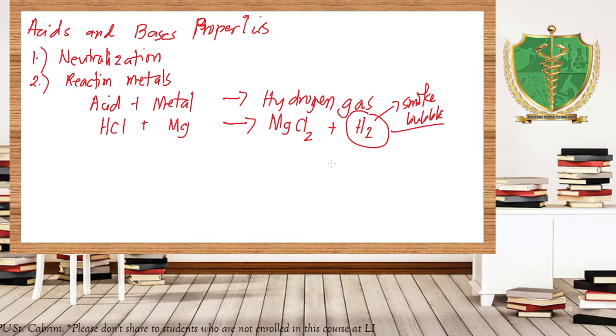Now, the reaction of a strong acid with a metal is simply an example of what we call a redox reaction. The metal is being oxidized while the hydrogen is being reduced.